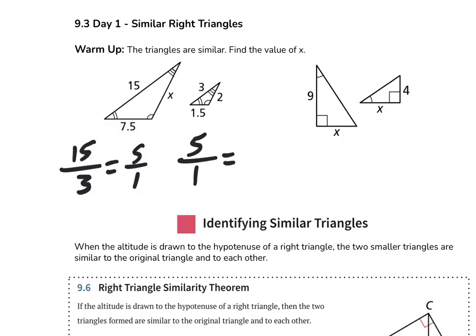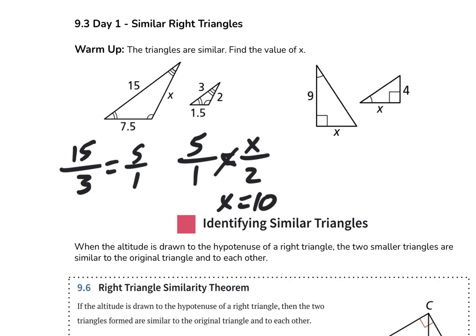The thing we got to be really careful of here, as we've talked about, is I got to go in the same order. So if I'm going 15 to 3, I'm going big to small, then I'm going to go big to small again. So then we would go x/2. And then we just cross multiply, and this works out pretty easy because then x = 10.